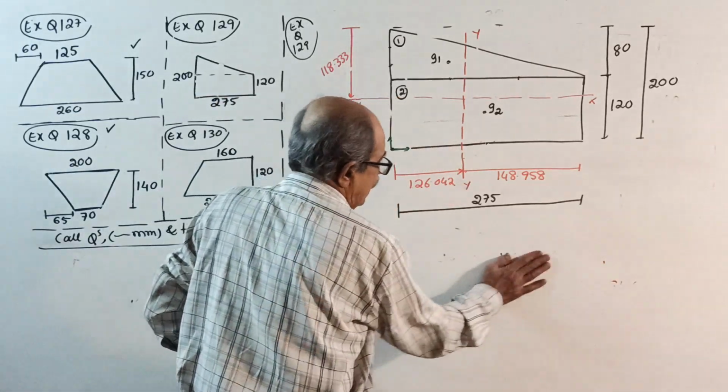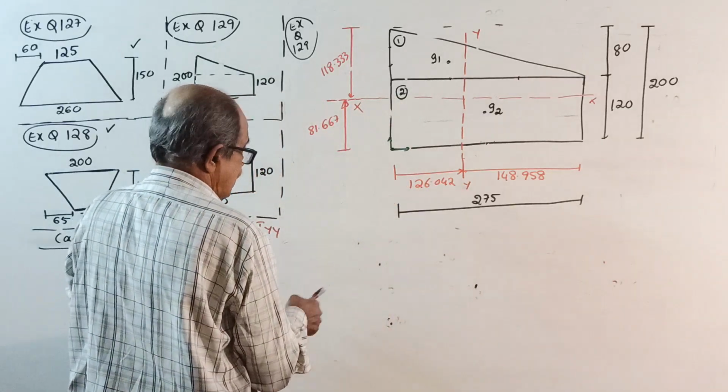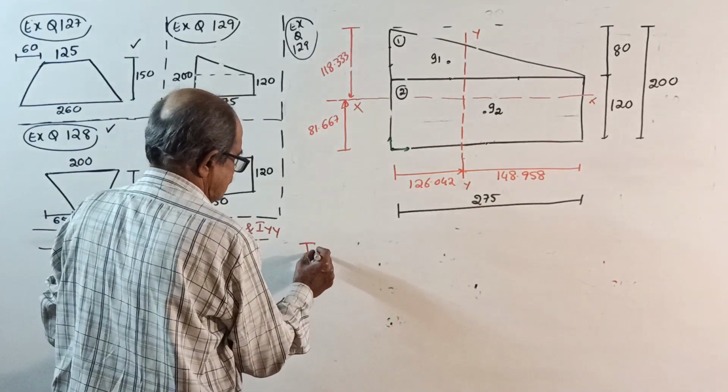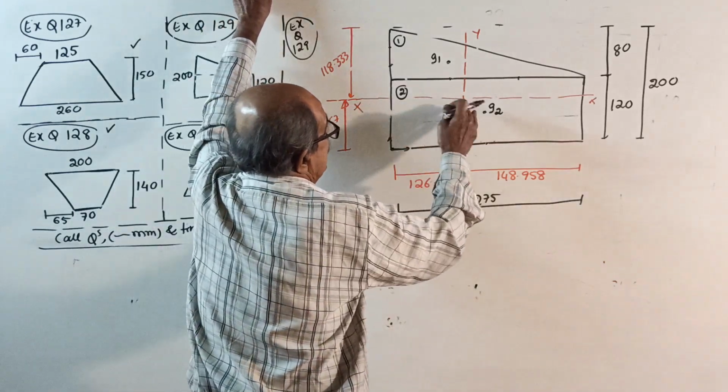Now, this I will remove. I will write the expression for Ixx and Iyy. Too simple now. See, Ixx, I about the xx axis.